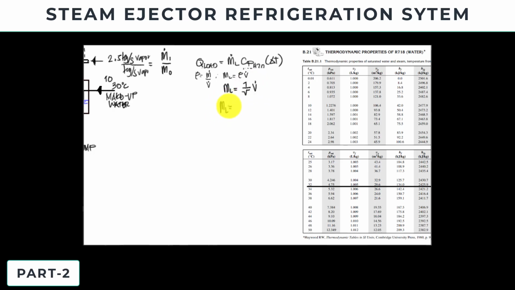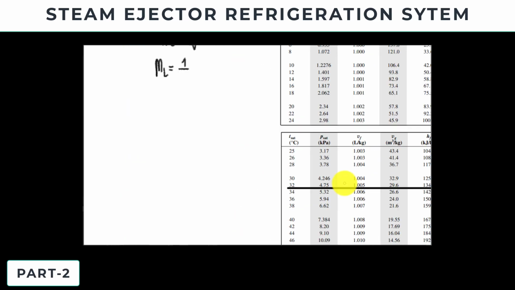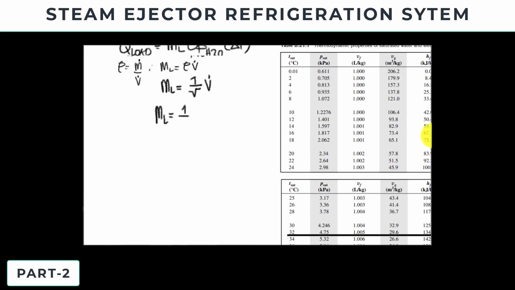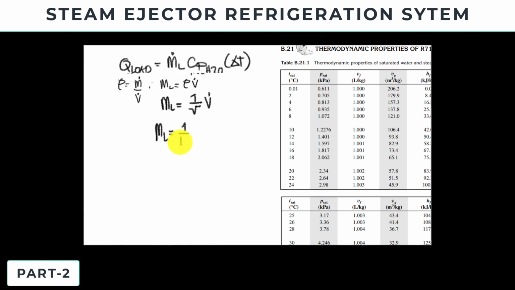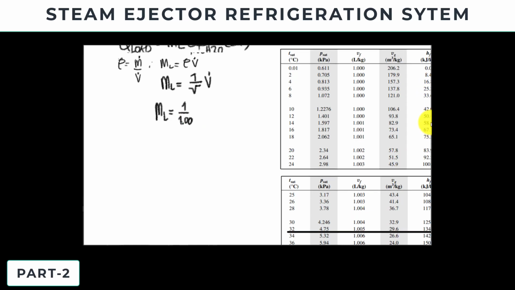So the mass of load will be 1 over the value 1.005. Okay, so that will be 1.005, 1.00, how many zeros here? We have 2. The unit is liters per kilogram.